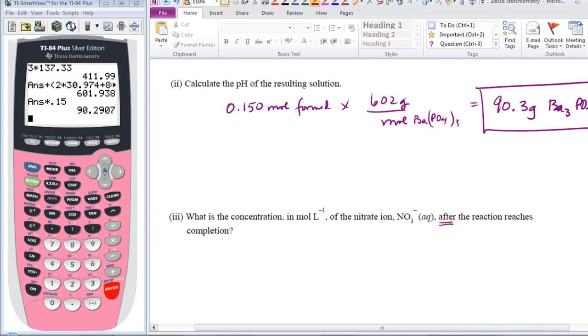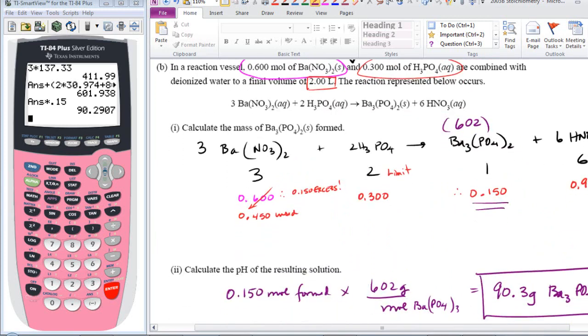You know what? Nitrate didn't react in this. If you wrote this net ionically, these nitrate ions are spectators. So how many nitrate ions did you have? Well, 6 on both sides of the equation, because you had 3 of the barium nitrates, and each one of those had 2 each, and 3 times 2 is 6. Or you can look over here and say, I have 6. But either way, the final concentration of nitrate is the same as the initial concentration of nitrate.